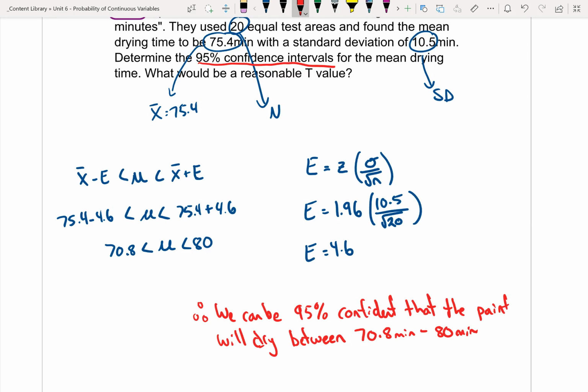So if we're trying to answer the question of what would be a reasonable value for the time, you could pick anything within this range.